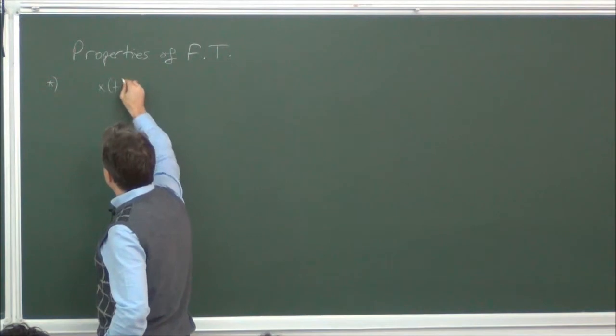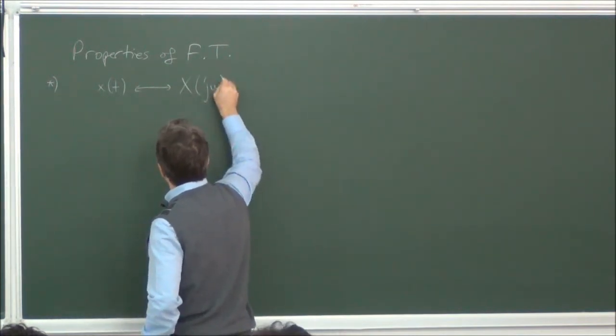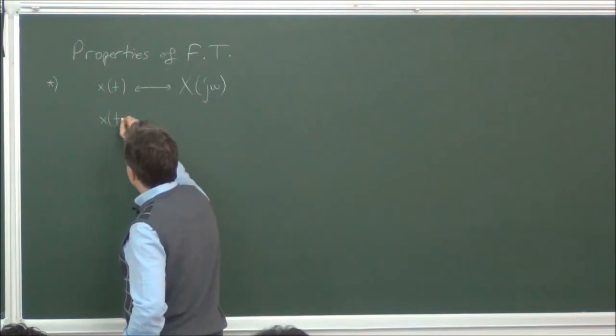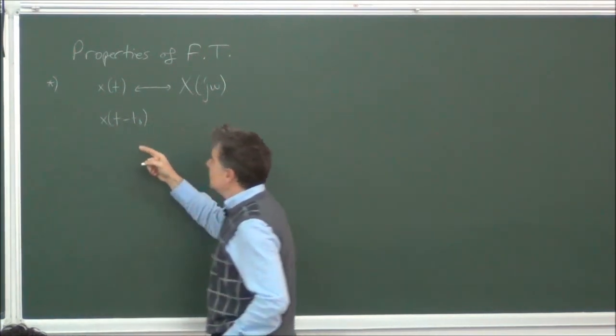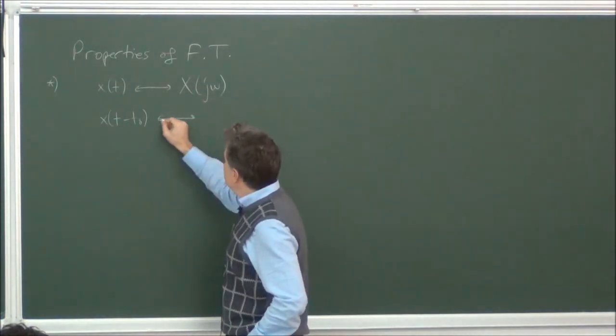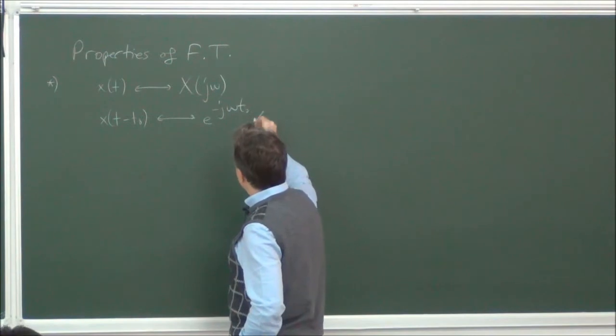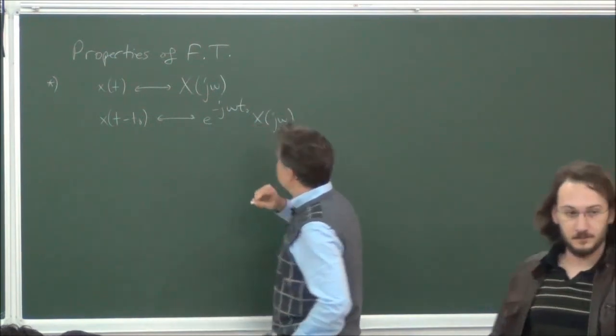The first property is this. If x of t has a Fourier transform x of j omega, then x of t minus t0, this t0 could be positive or negative, it doesn't really matter, has a Fourier transform of e to the minus j omega t0 x of j omega.